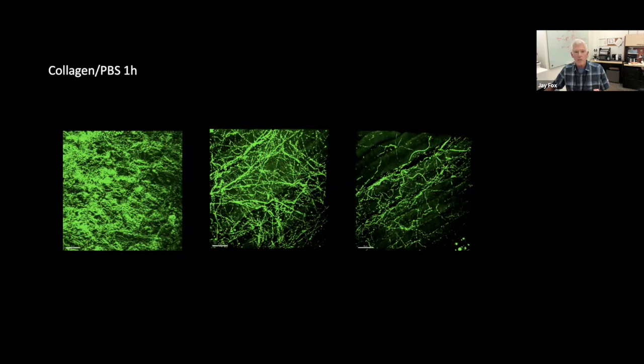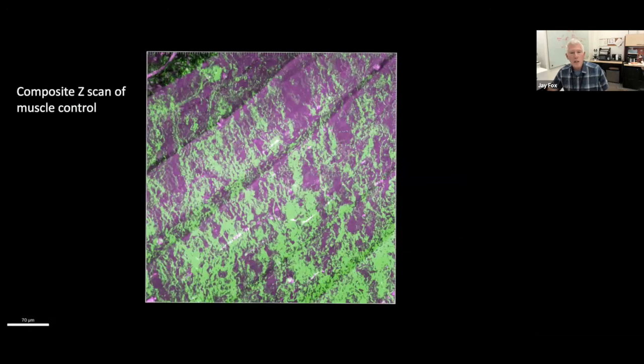So you inject PBS in the muscle and then look at it. When you use these particular settings for the lasers, you also get another color fluoresced. In this case, it's colored magenta, and it actually is from erythrocytes associated with the muscle tissue. This is all the way through the Z stack of the tissue, showing both the green of collagen and the red of muscle.